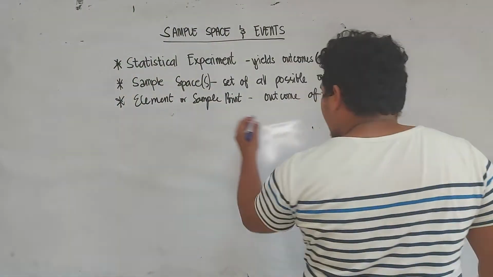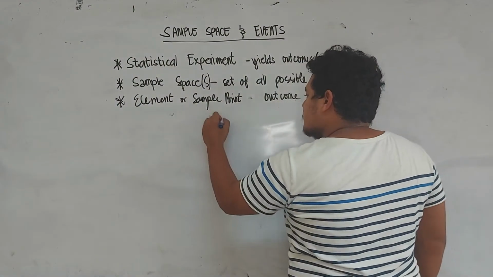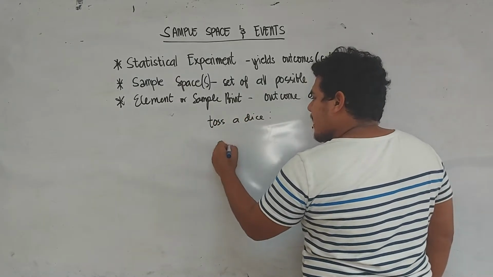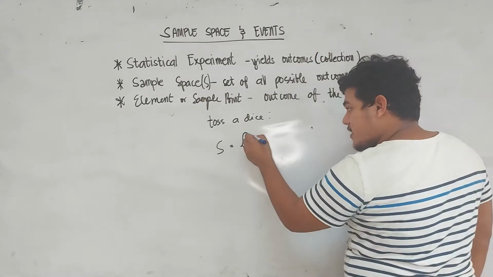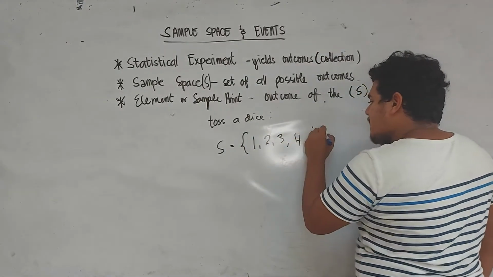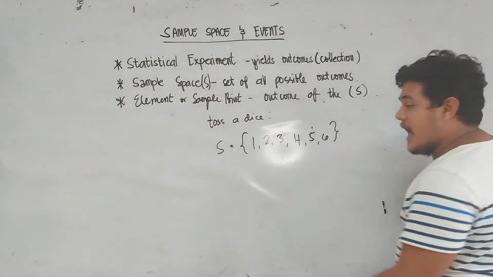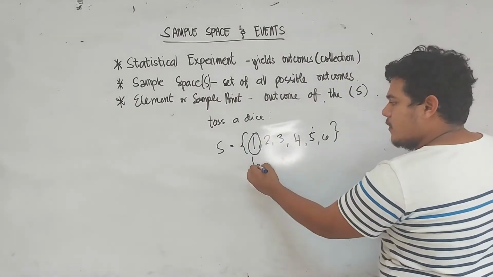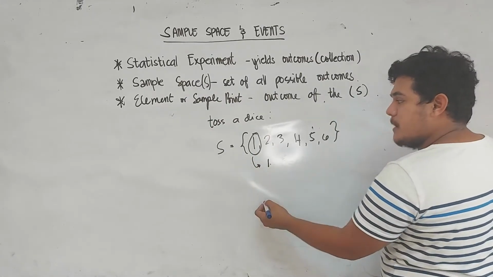Example, in tossing a dice. What is our sample space? The sample space is 1, 2, 3, 4, 5, or 6. The sample points are these numbers. Example, get me the element 1. That is a sample point.